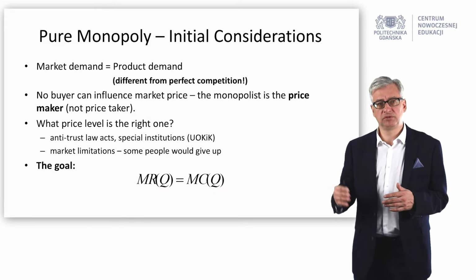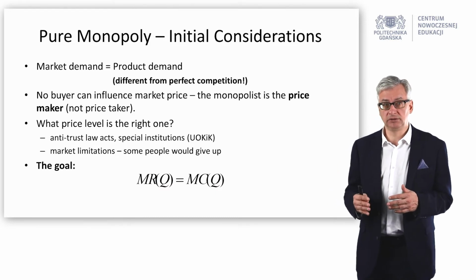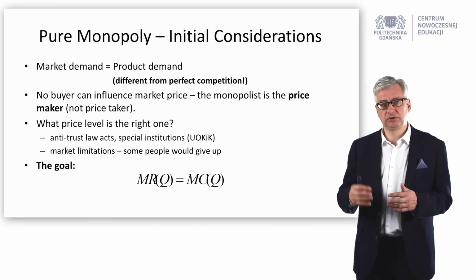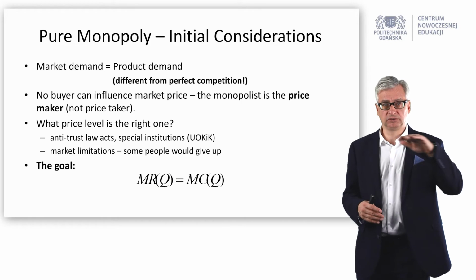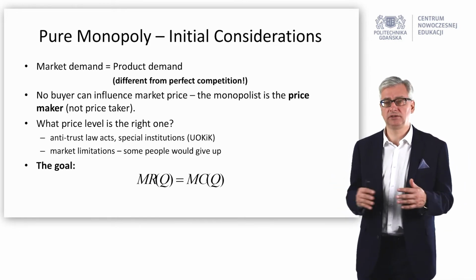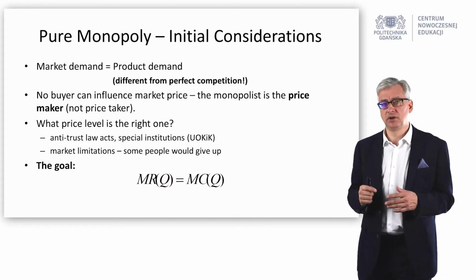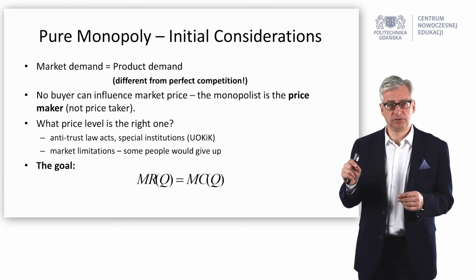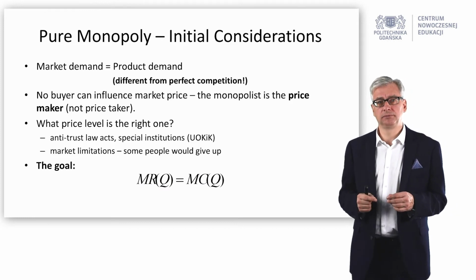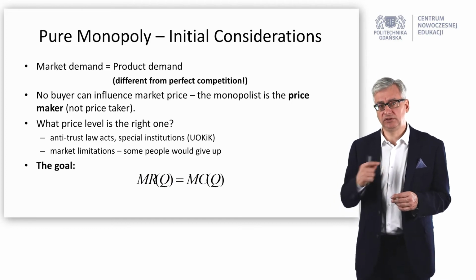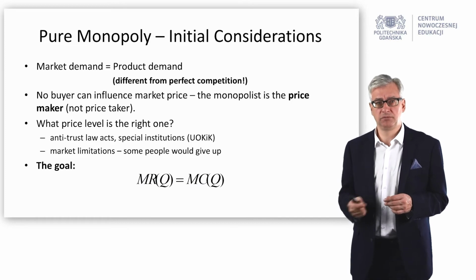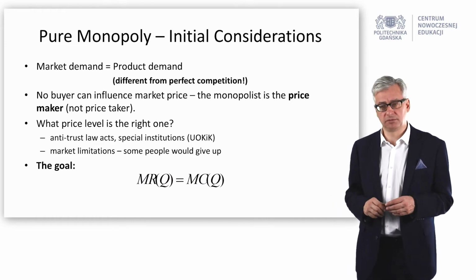In perfect competition market, market demand was downward sloping, whereas the individual demand for products was a horizontal line. That was due to the fact that one single business was just a tiny part of the market. But here in pure monopoly, market demand is at the same time the demand for products of the monopolist, because actually that's the only supplier.